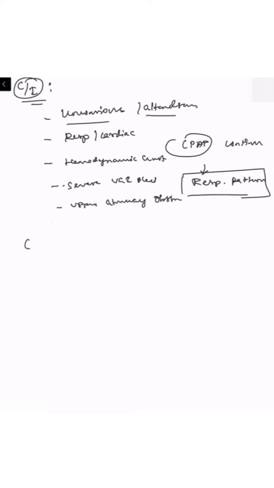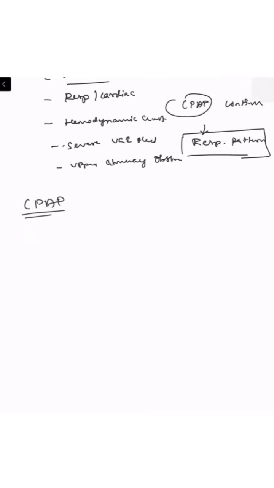So what's happening during CPAP? When you are giving positive pressure into the alveoli, you are increasing the recruitment of alveoli. So more alveoli get activated, because in pulmonary edema, ARDS or pneumonia, some alveoli go for collapse or fibrosis. So these alveoli are not taking part in ventilation.